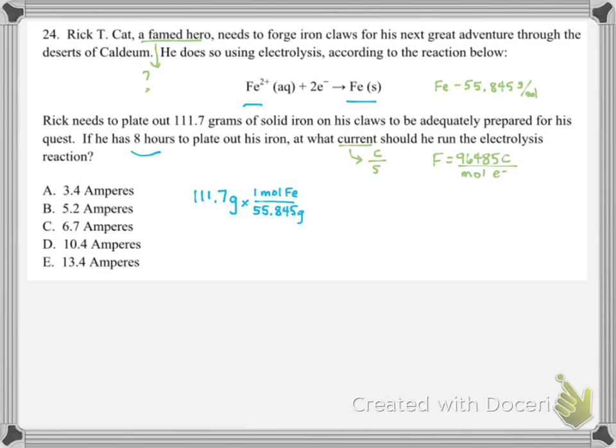Okay, so we as chemists never compare things in grams, right? We compare things in terms of moles. So I got the mass for iron from the periodic table and wrote it here. Now down below I can use that to convert to moles of iron.